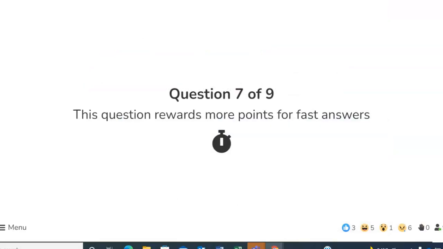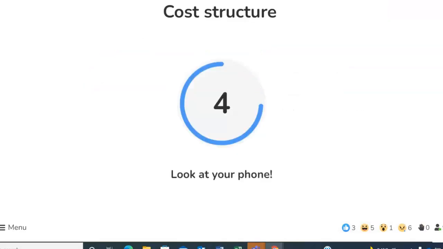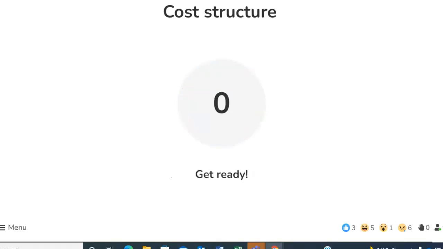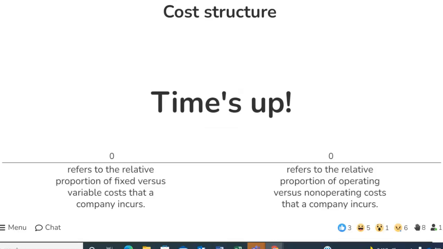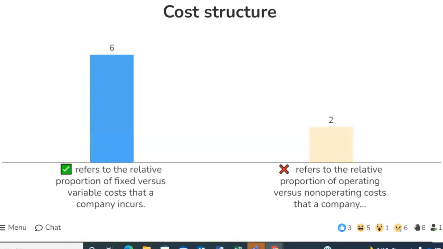All right, last 2 questions in this area. Cost structure. Oh, okay.